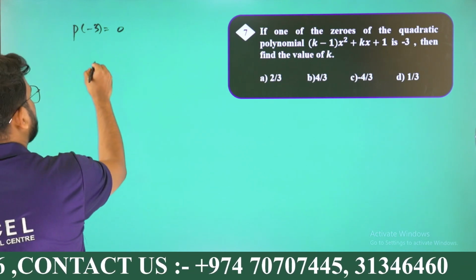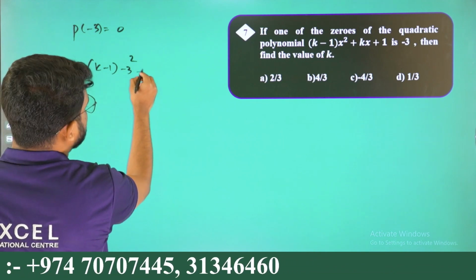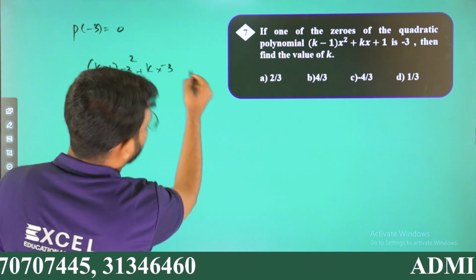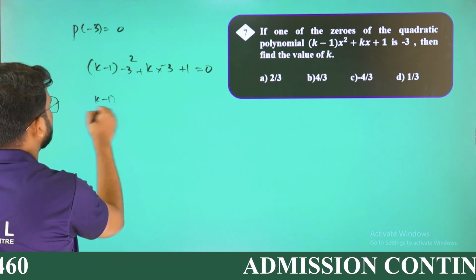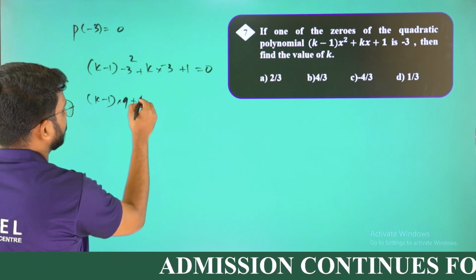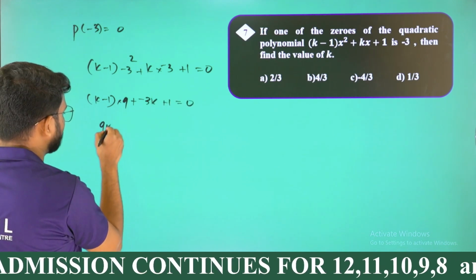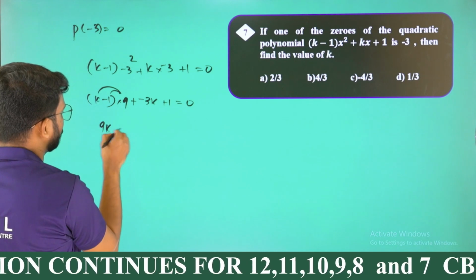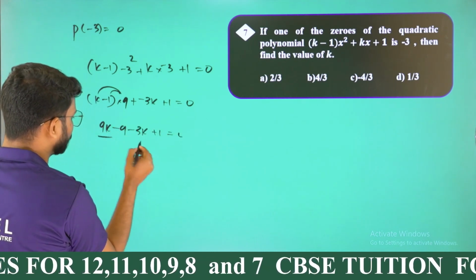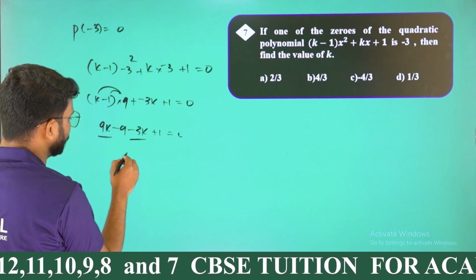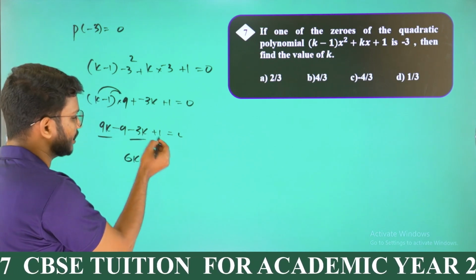Yeah. So (k minus 1) into x, so minus 3 square, plus k into minus 3, plus 1 will be equal to 0. So (k minus 1) into 9 plus minus 3k plus 1 will be equal to 0. 9k, we can open this one. 9k minus 9 minus 3k plus 1 equal to 0. 9k minus 3k becomes 6k, minus 9 plus 1 is minus 8.